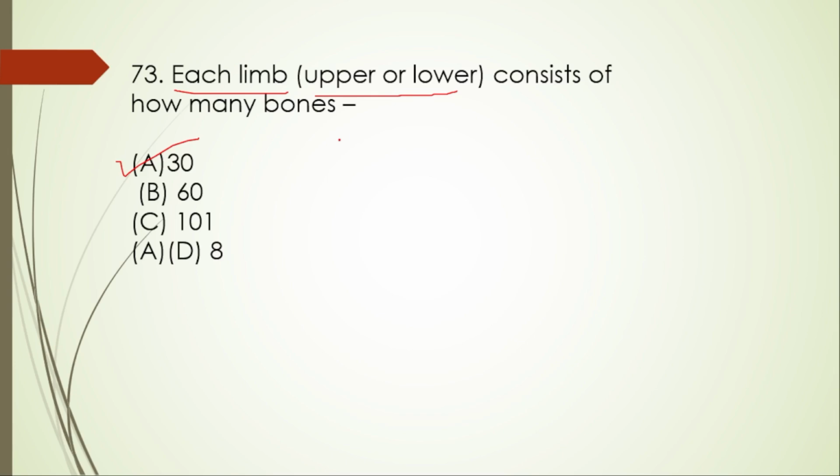And then lower limb, that is leg: femur 1, patella 1, tibia and fibula 2, tarsals 7, that is ankles, metatarsals 5, and then phalanges 14, that is toes. So totally 30. In the next upcoming questions you will be having the pictures, so I am not writing here.